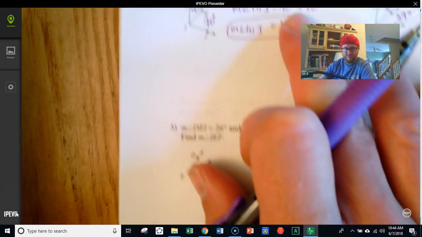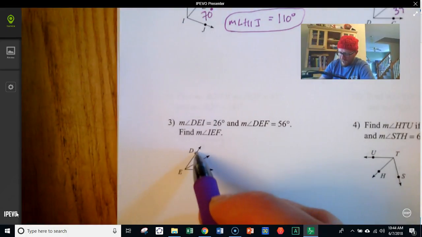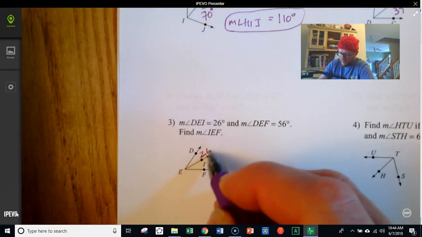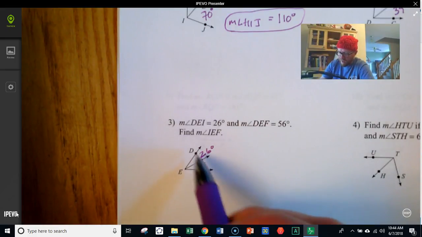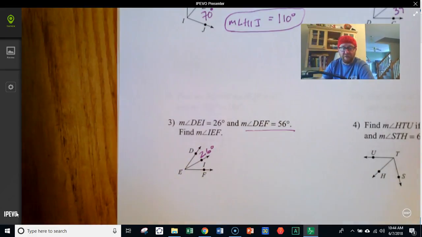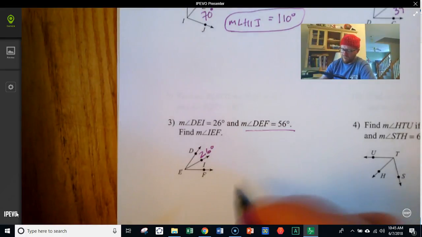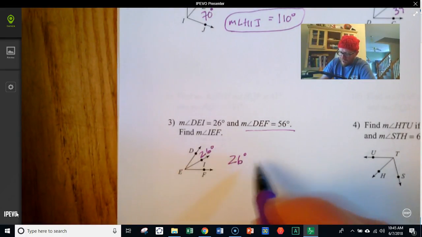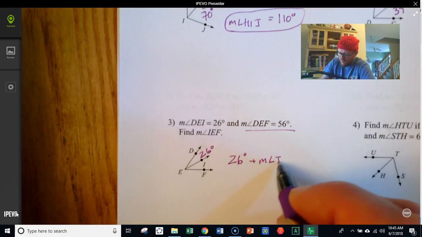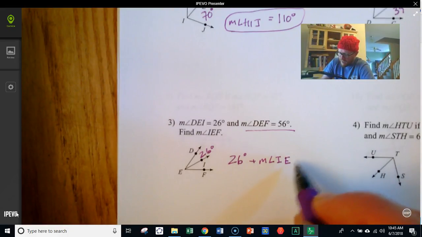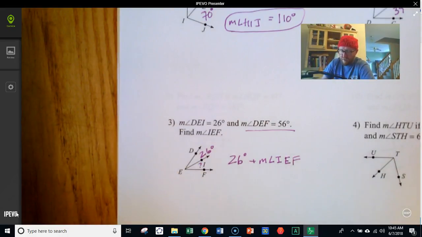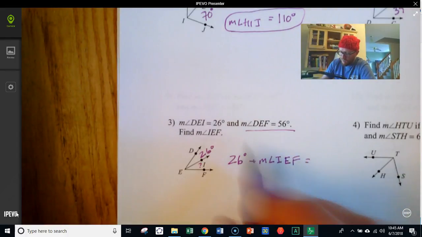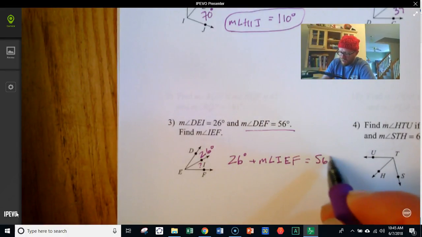Let's take a look at another one. Here we've got the measure of angle DEI. DEI is 26 degrees, and DEF, that's the big angle, is 56. So let's set this one up just a little bit differently. We could say that 26 degrees plus the measure of this other angle, the measure of angle IEF, that's that one right there, equals the measure of the large angle, which is 56 degrees.